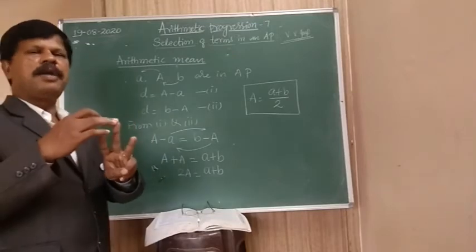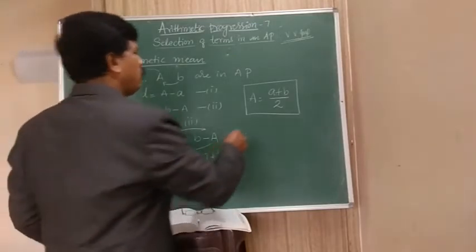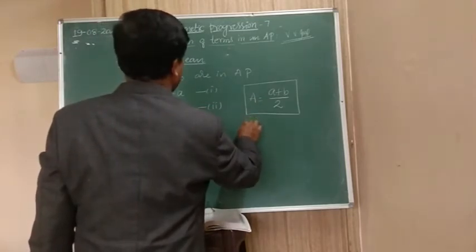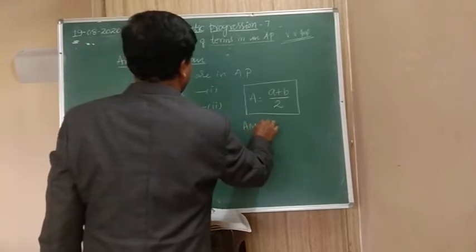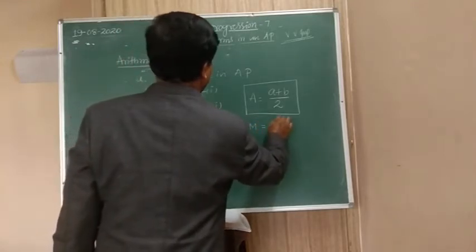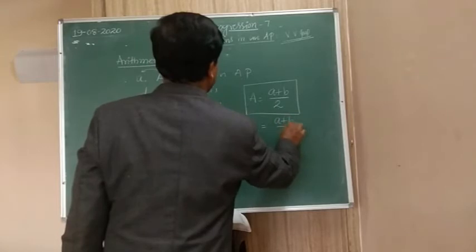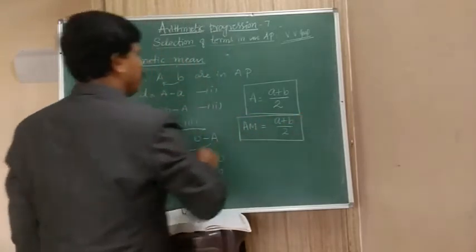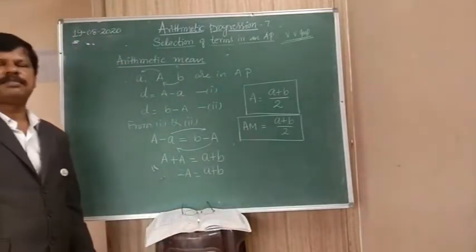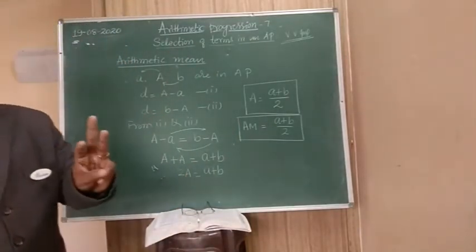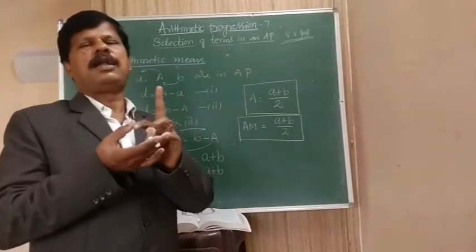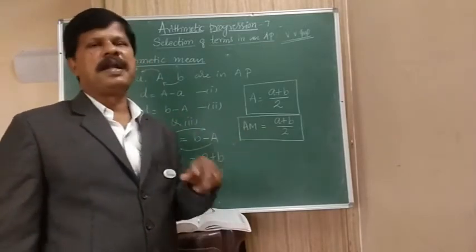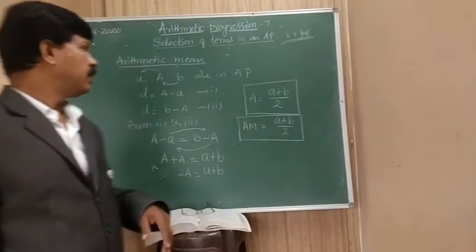Mean means the middle one. Therefore, A is called the arithmetic mean. The arithmetic mean of an arithmetic progression is given by (a plus b) by 2. If the three numbers are in AP, then their mean is given by (a plus b) by 2. That means whatever three numbers are given, you should take the last two terms, add them and divide by 2. You will get the middle one.